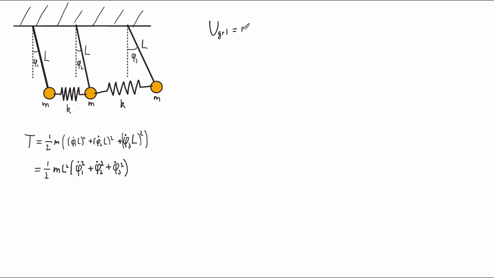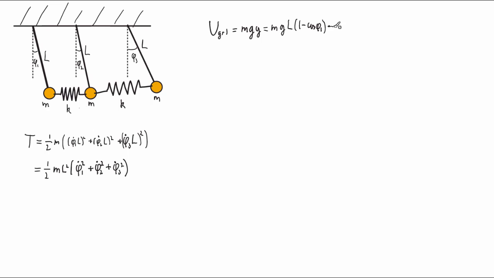That's going to be, of course, mgh. Actually, it's called mgy. Y is the distance above the equilibrium point that the pendulum goes. So that's really just mgL times 1 minus cosine phi1.